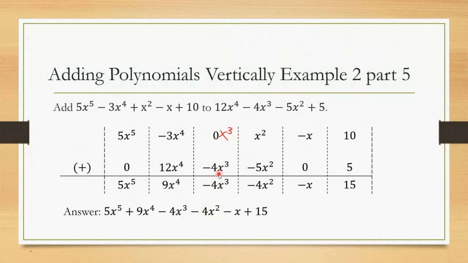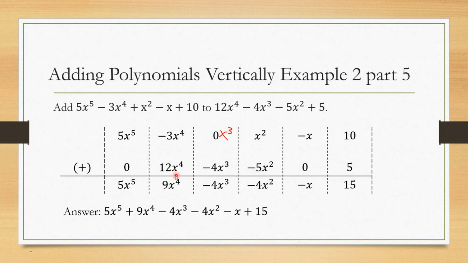But anyway, when you combine, you get minus 4x cubed, right? When you combine these, you get minus 4x squared. Minus x plus 0 is minus x. 10 and 5, that becomes 15.